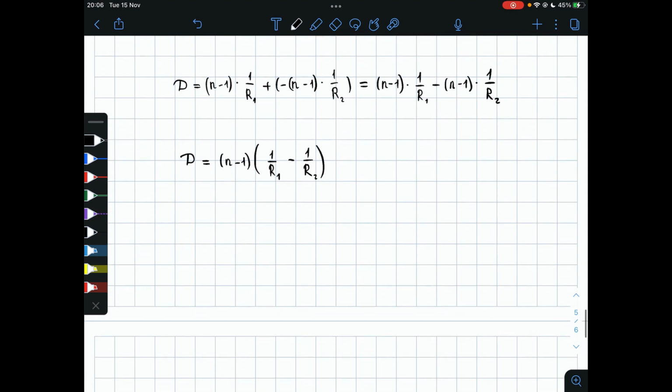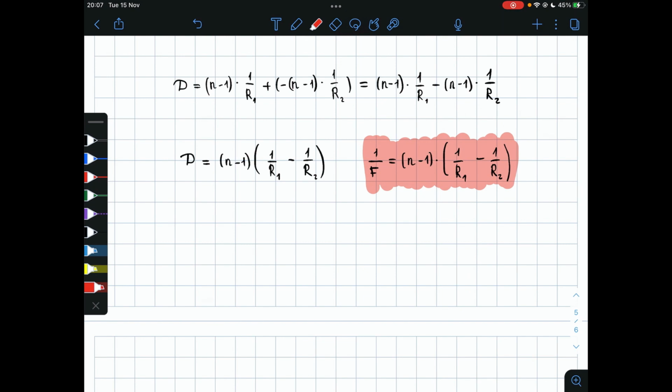So this is the formula of the lens maker. This formula will be 1 divided by f is equal to n minus 1 multiplied by 1 over R1 minus 1 over R2. This formula is called the lens maker's formula. This is our main formula, and we will use it to solve some problems.